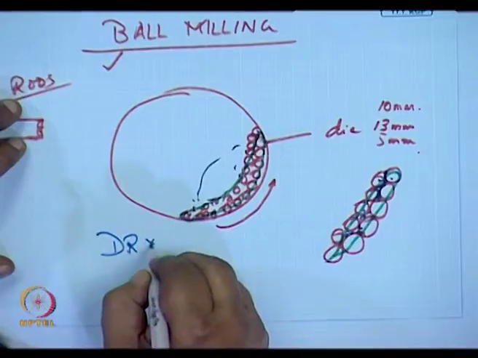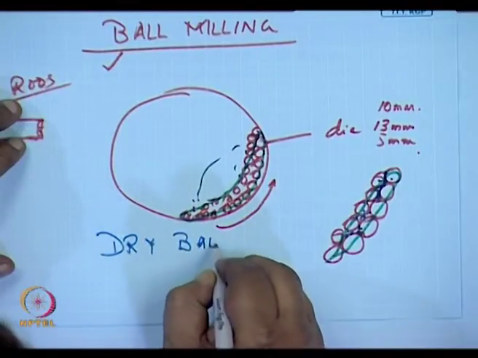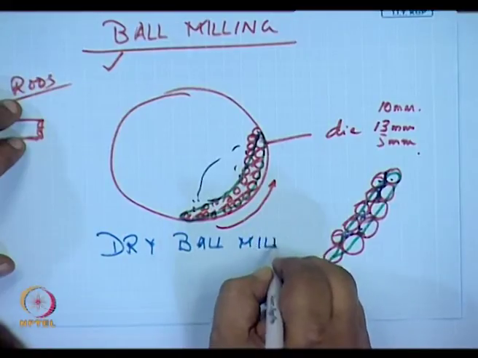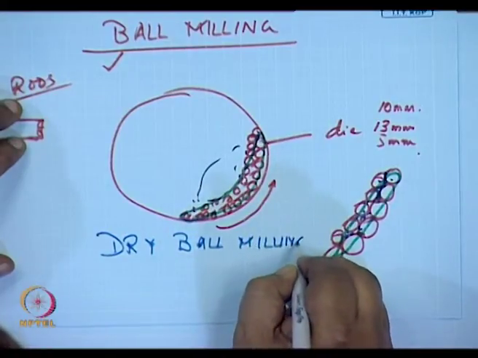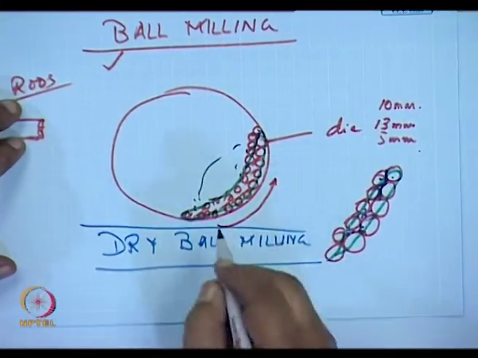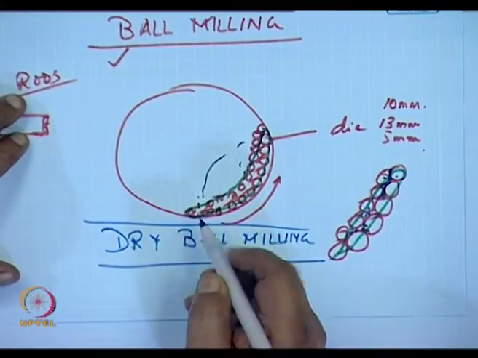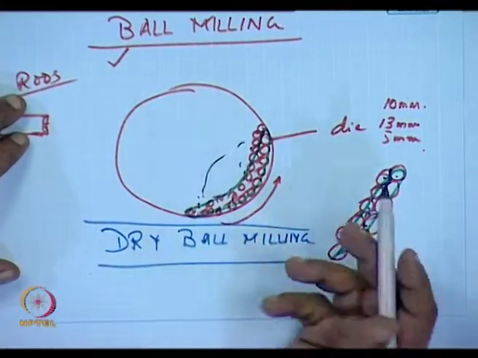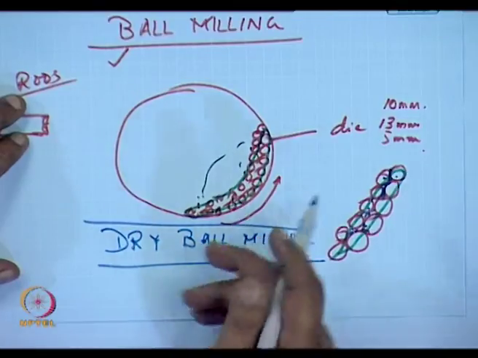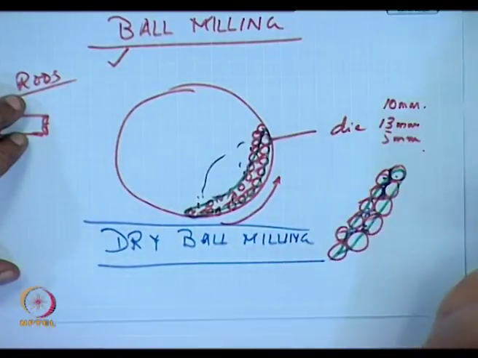Now over here, this is called basically dry ball milling. That is, I have taken a jar, I have added the ceramic or steel balls, and I have added the powder which I want to grind.